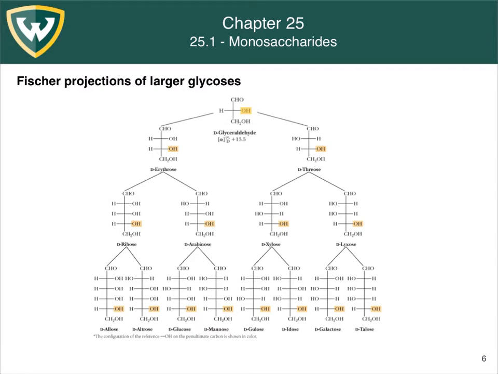The reference point is the chiral center that's farthest from the carbonyl group. Because this chiral center is always the next to last carbon in the chain, it is called the penultimate carbon. Note that for monosaccharides with 2 or more chiral centers, the designations D or L refer only to the configuration of the highest numbered chiral center.